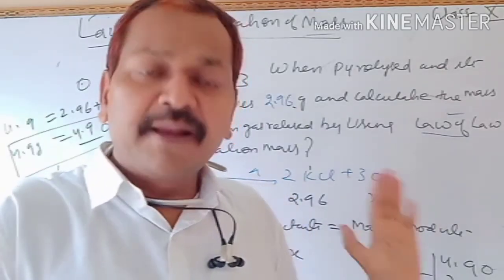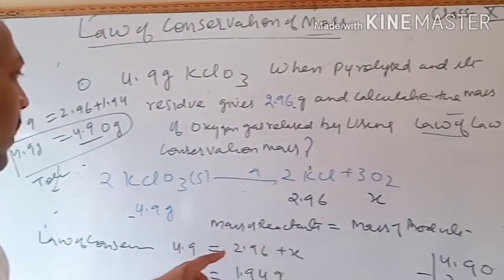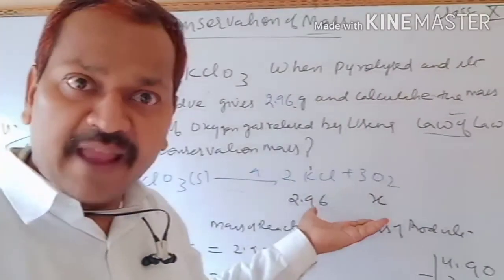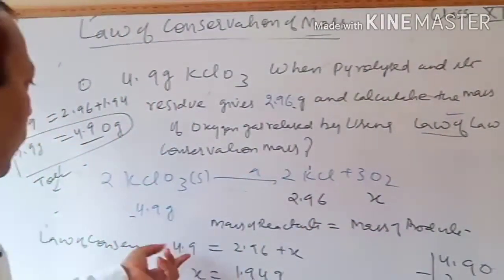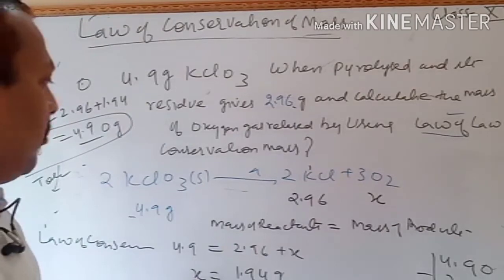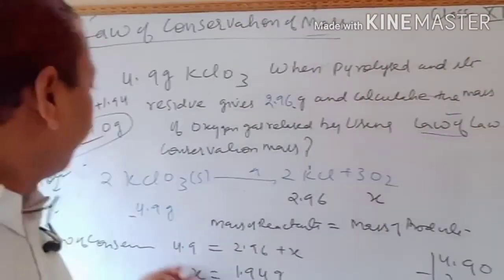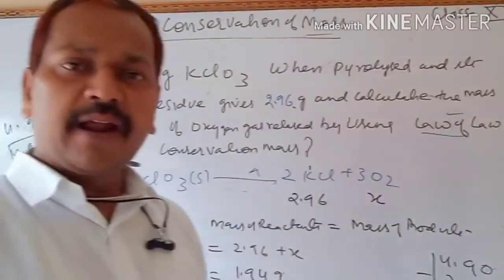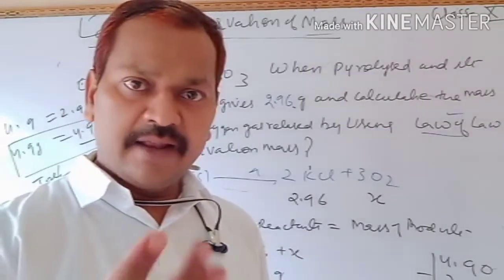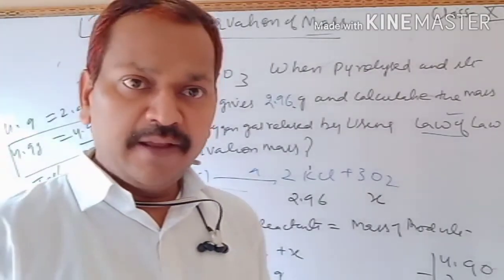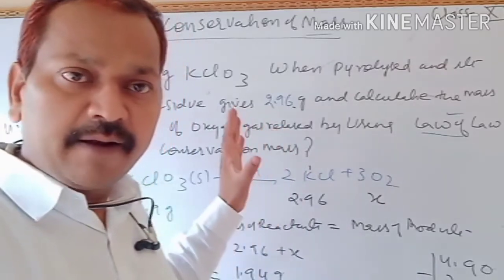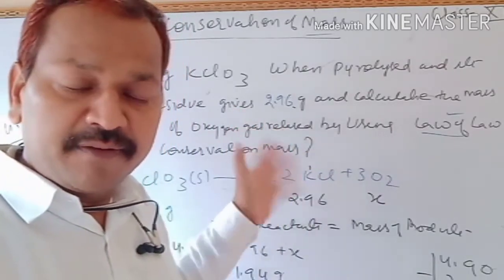First write the chemical equation, assume the value of oxygen as X, get the value of X and equate it. Here the total mass of reactant is equal to the total mass of product. So in this way, this chemical reaction is strictly obeying the law of conservation of mass.